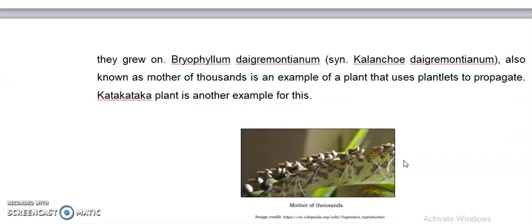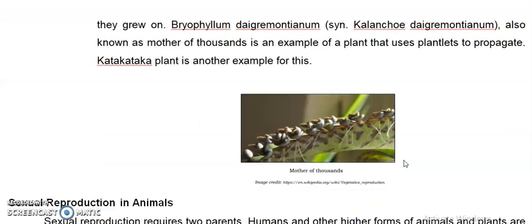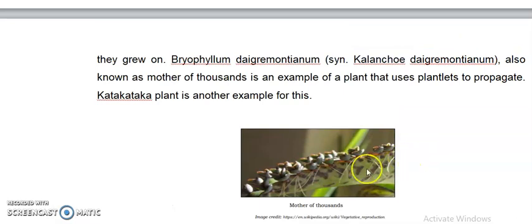An example here is the mother of thousands. Another example is the Katakataka plant. Only the plantlet is used to propagate.